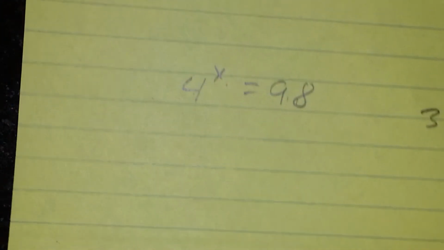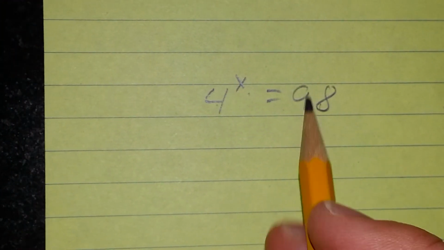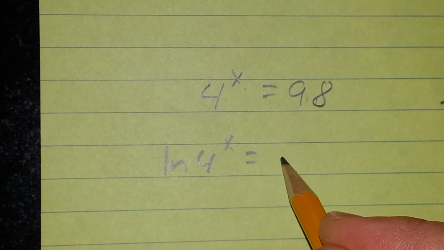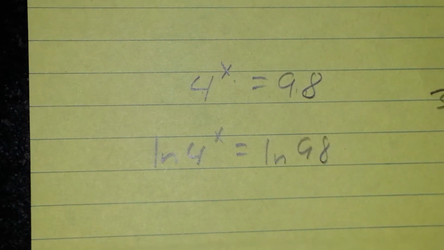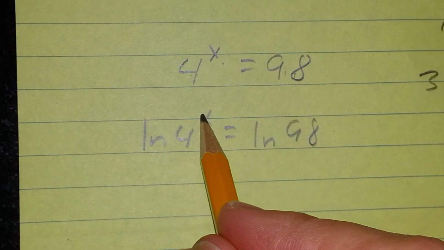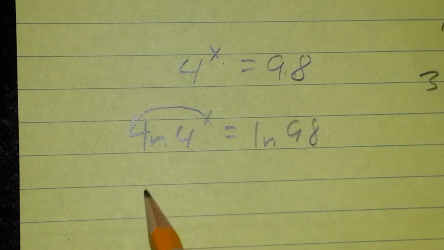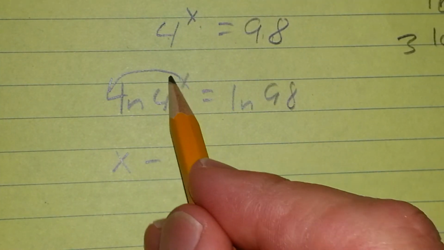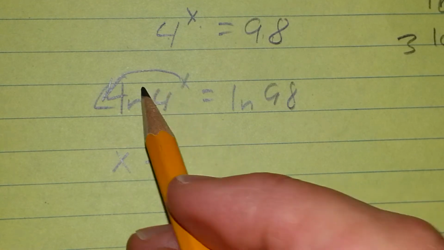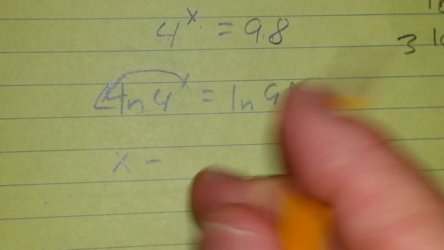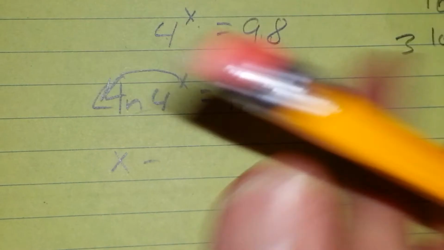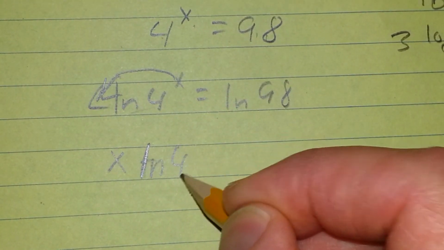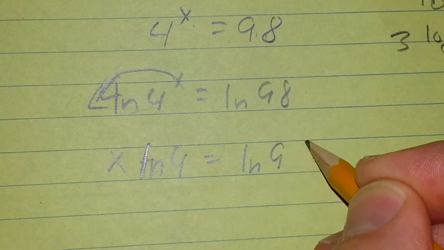I'll just take the natural log. Let's take the log of 4 to the x equals the natural log of 98. Now this exponent comes down in front, and we can divide things out. So that's x log of 4 equals the natural log of 98.